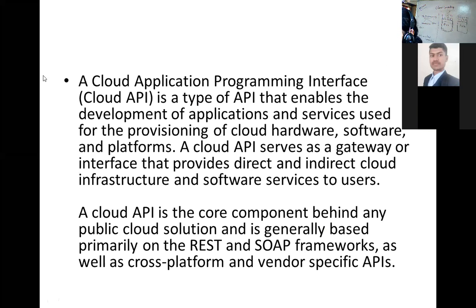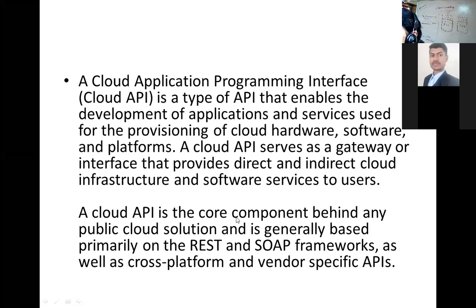A cloud API is the core component behind any public cloud solution and is generally based primarily on the REST and SOAP frameworks. These are the two frameworks on which cloud APIs are based, REST and SOAP.